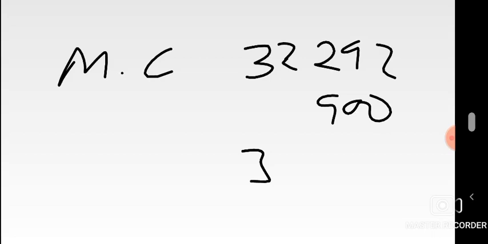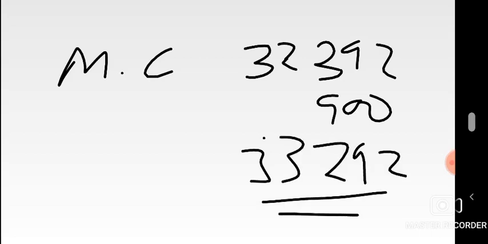You should get the same figure that you got initially, 33,292. That was the profit in May absorption. So you ensure that you've reconciled. So that's how we reconcile. And these are the principles behind marginal and absorption costing.